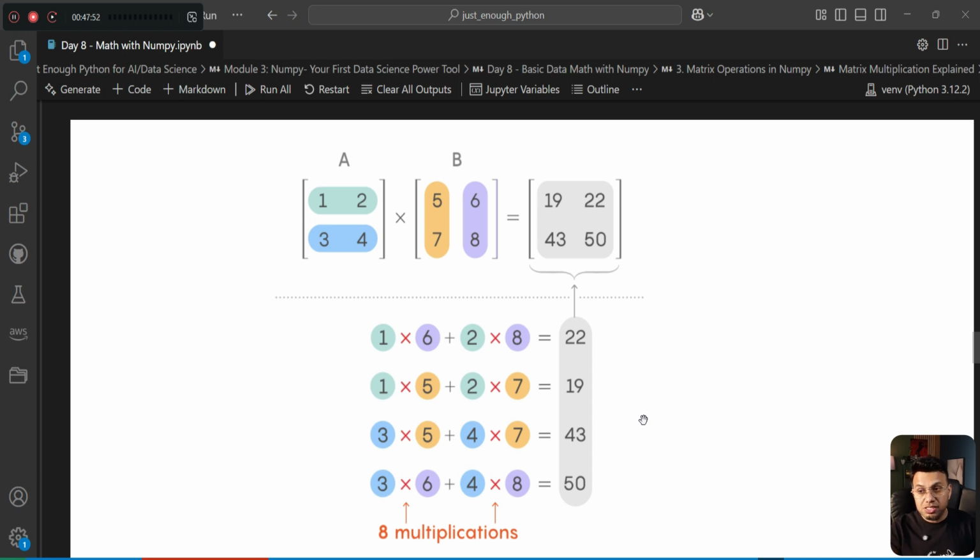Both matrix A and matrix B are of size 2, 2. You can have a matrix multiplication between two matrices where the size is not the same. But the key factor is that the number of columns in matrix A should be equal to the number of rows in matrix B. That is, the number of columns in your first matrix should be equal to the number of rows in your second matrix.